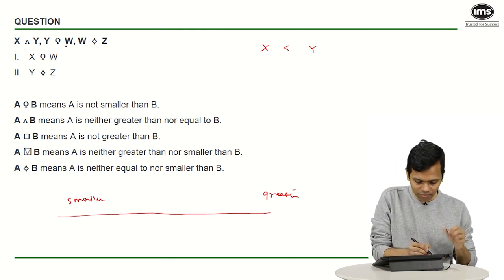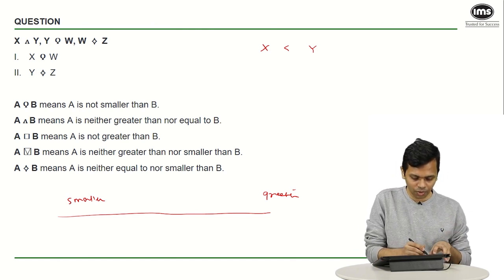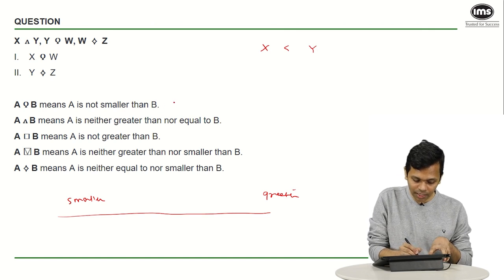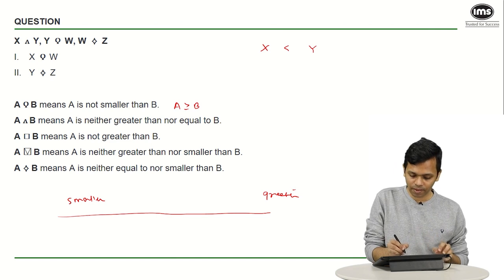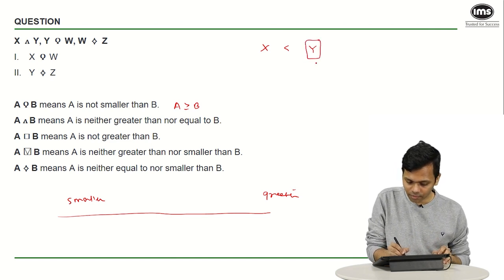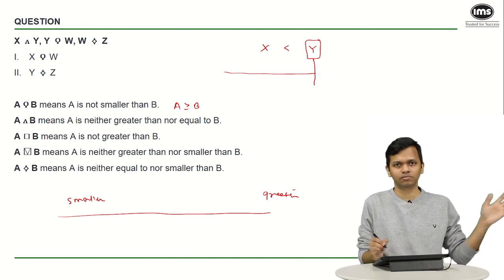Then we have Y, a circular shape in between, and then W. A is not smaller than B, meaning A is greater than or equal to B. So I have to do the same thing for Y. So Y is greater than or equal to W, which means compared to Y, W is somewhere on this spectrum.